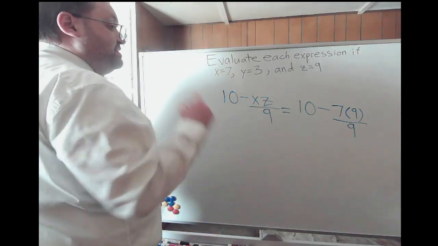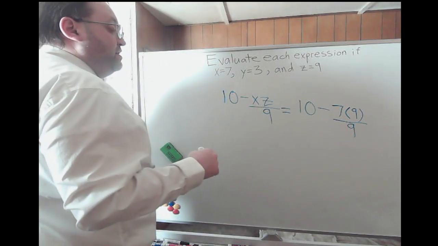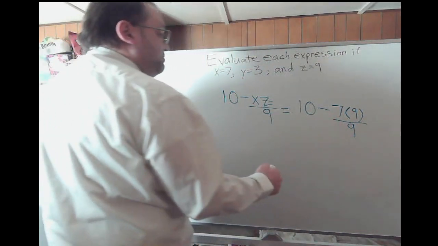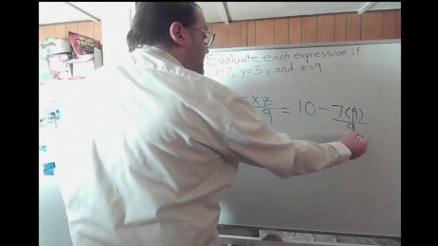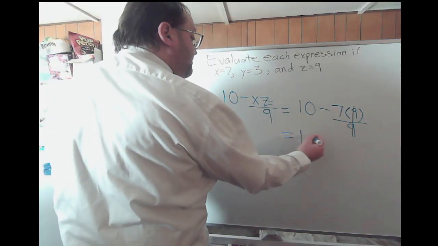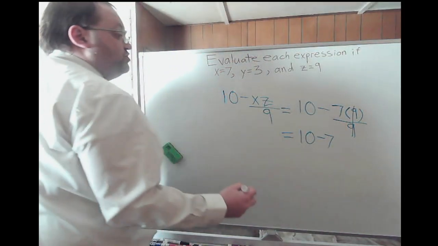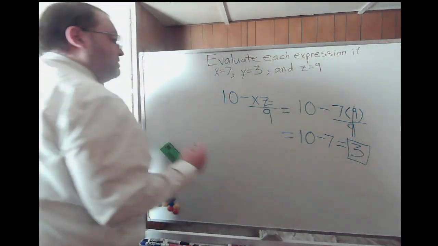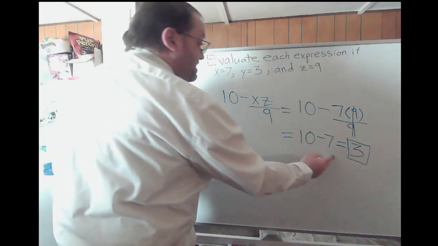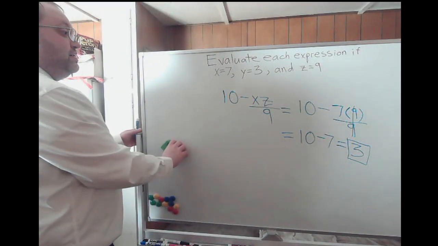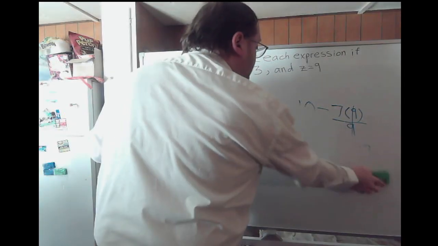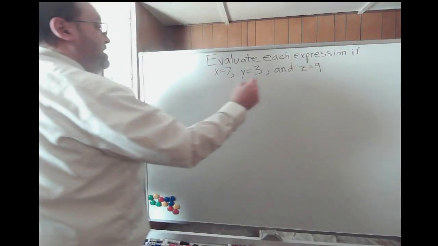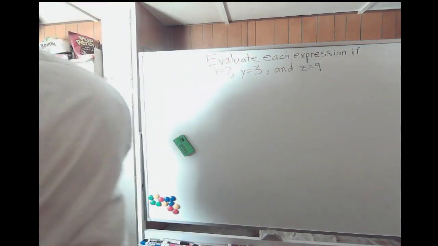We notice in the second term you have 9s that will cancel out from numerator to denominator, so all you'll be left with is 10 minus 7, which would give you an answer of 3. You did not even have to do the multiplication to know the 9s cancel out. So basically it's just a matter of sticking these variables in. When they tell you x equals 7, y equals 3, and z equals 9, wherever you see any of those variables, you stick them in.